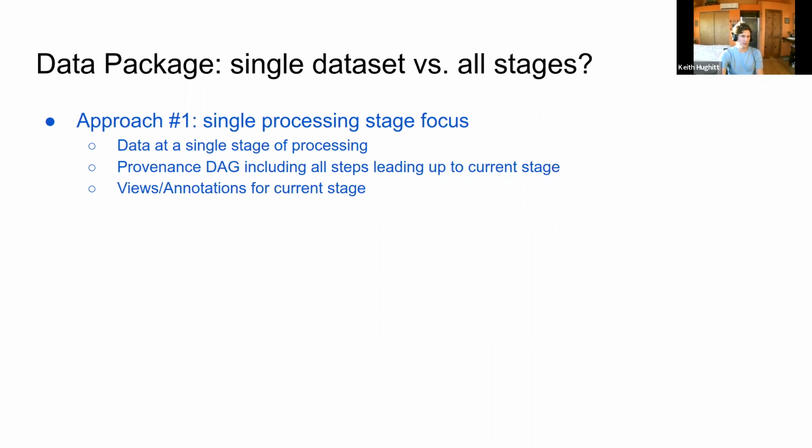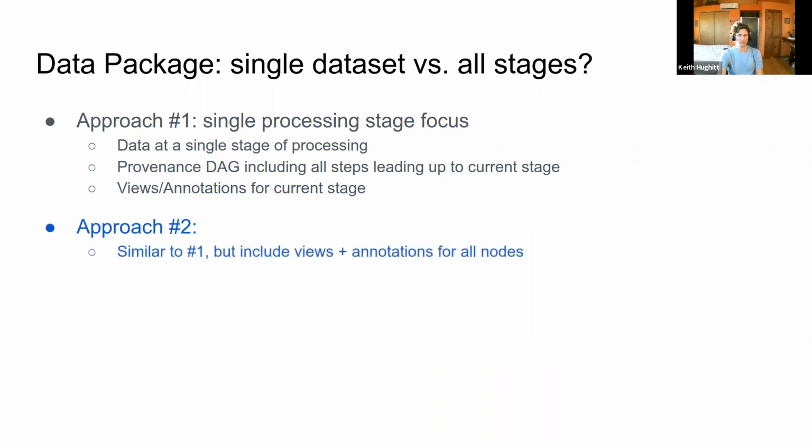There are other ways you could think about framing this that could potentially be useful. Another one is to start from this point, but in addition to including the DAG and the metadata, also include the views and the annotations for all nodes. The motivation here is that typically the annotations and views are marked down in JSON.